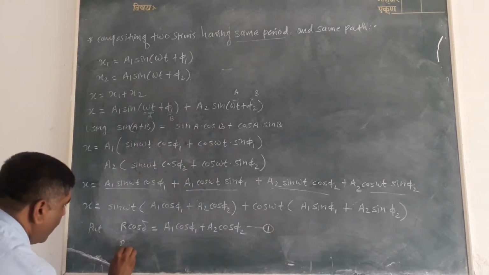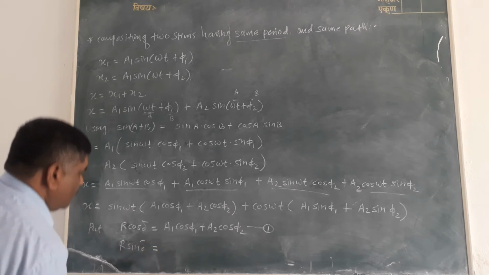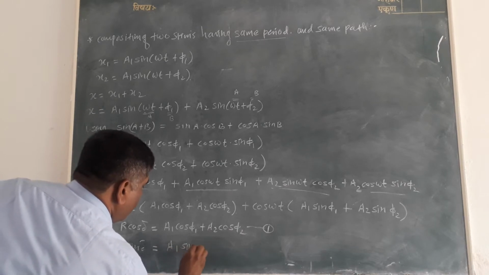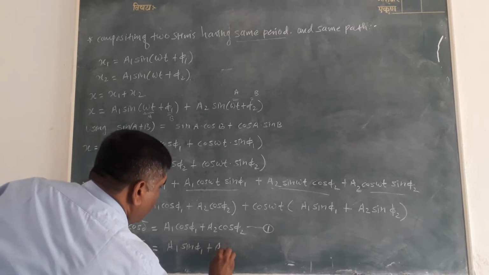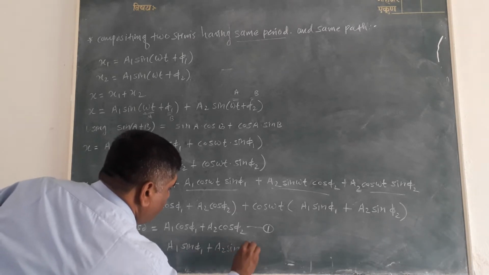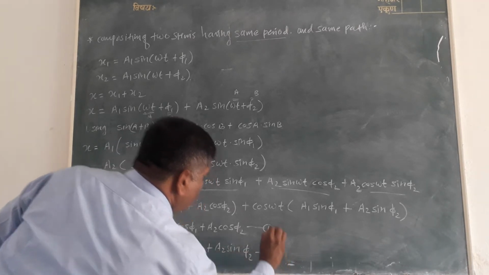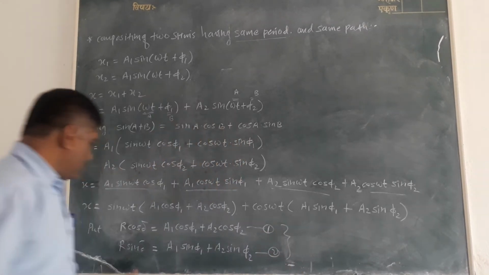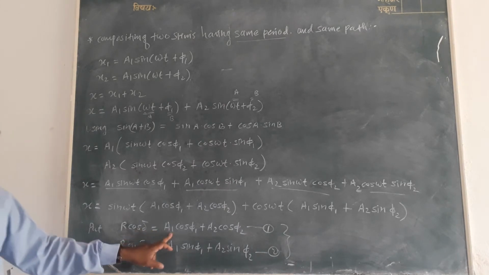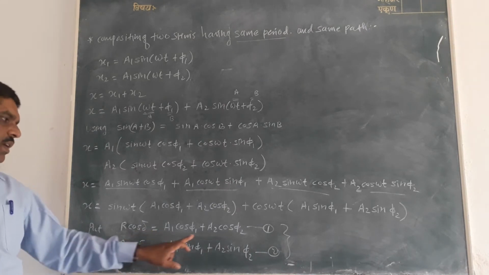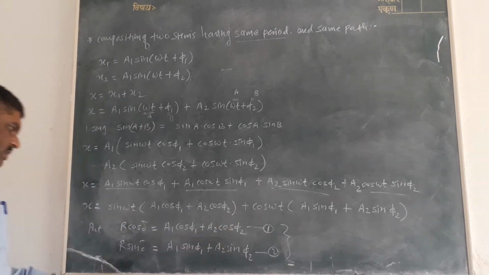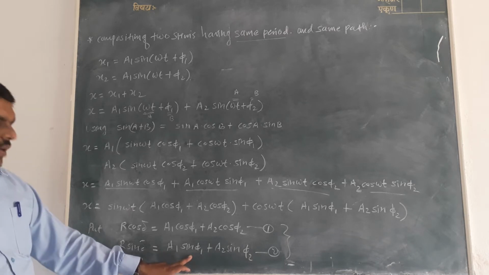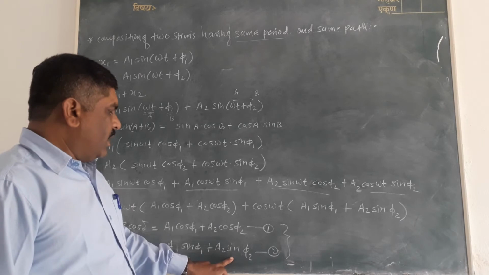And r sin delta is equal to a1 sin phi 1 plus a2 sin phi 2. So equation second. These are very important equations.